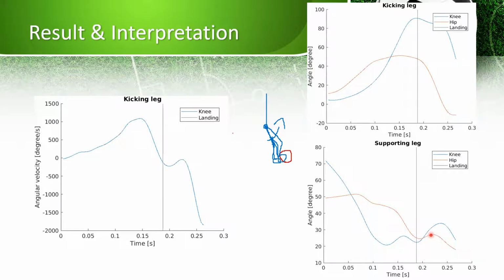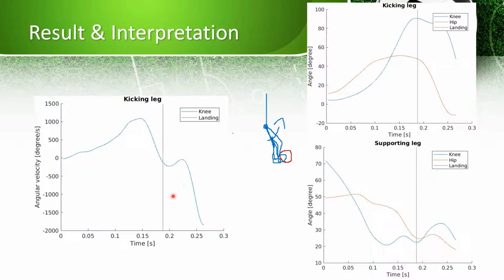So as I already explained in the previous slide, this is shock absorption. Okay? And after shock absorption, what's going to happen is knee extension and hip extension here. So like I explained, this is a phase for energy transfer. So the mechanical energy is transferred from the supporting leg to the kicking leg. Okay?